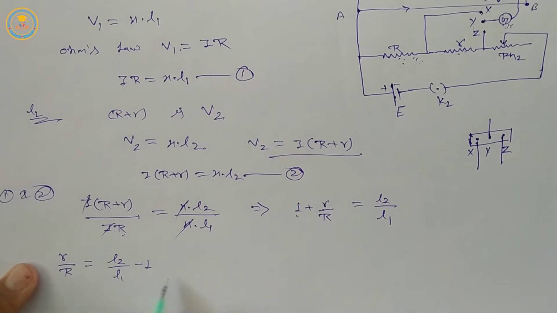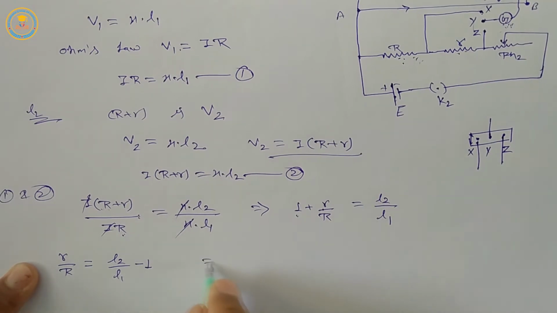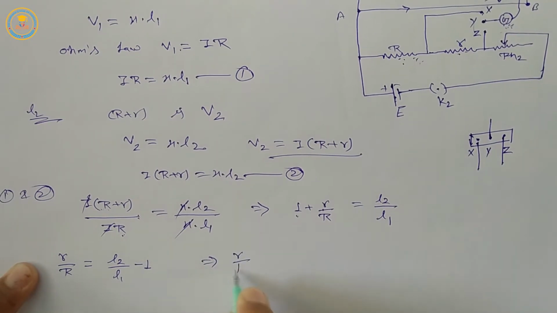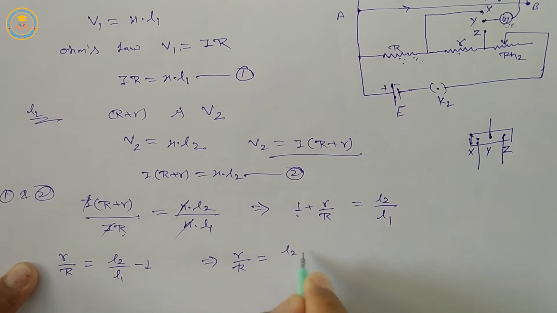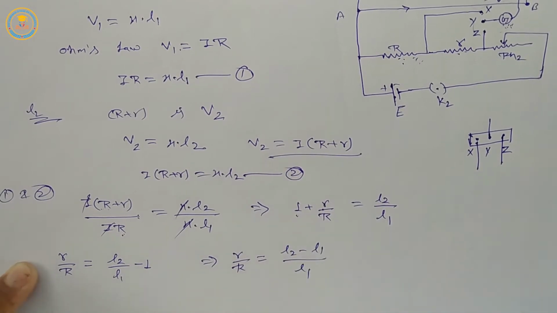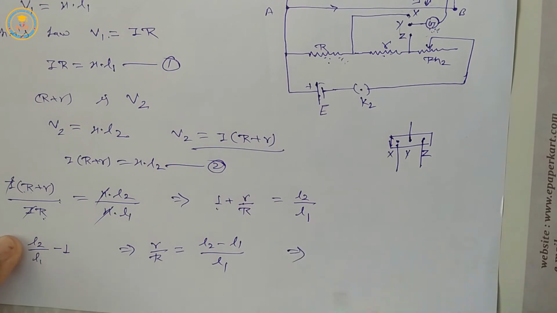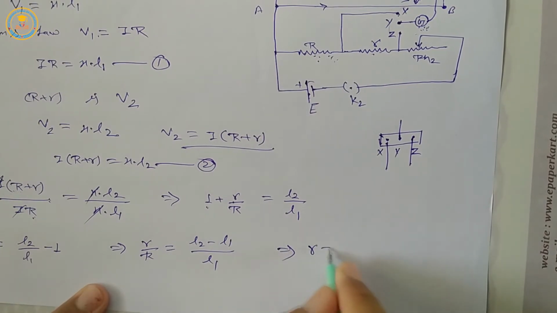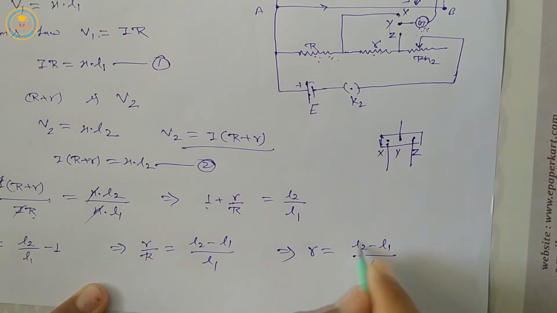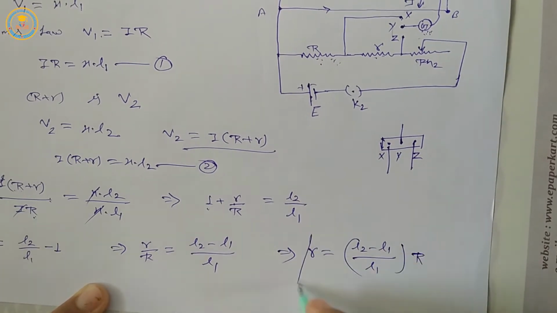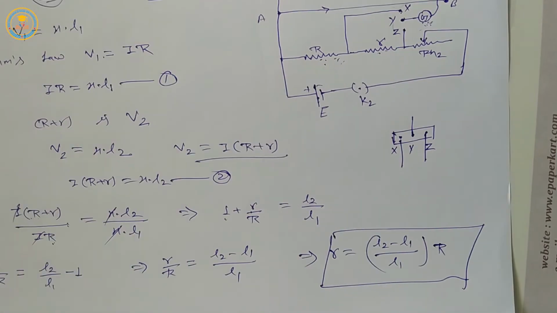Take the LCM of the right-hand side, then small r upon capital R is equal to (L2 minus L1) upon L1, and for the unknown small resistance small r, we get (L2 minus L1) upon L1 multiplied by R. This is the equation of the unknown small resistance.